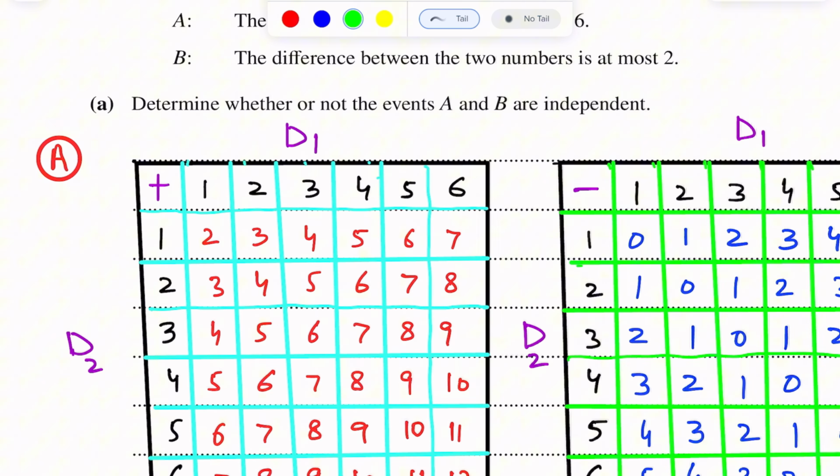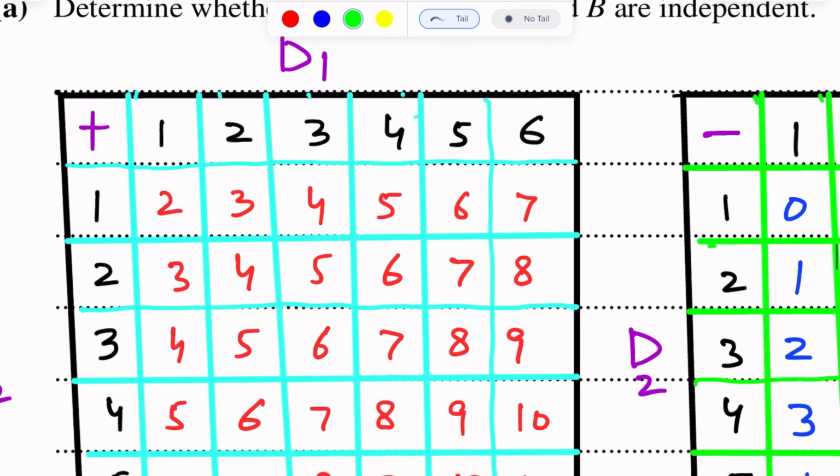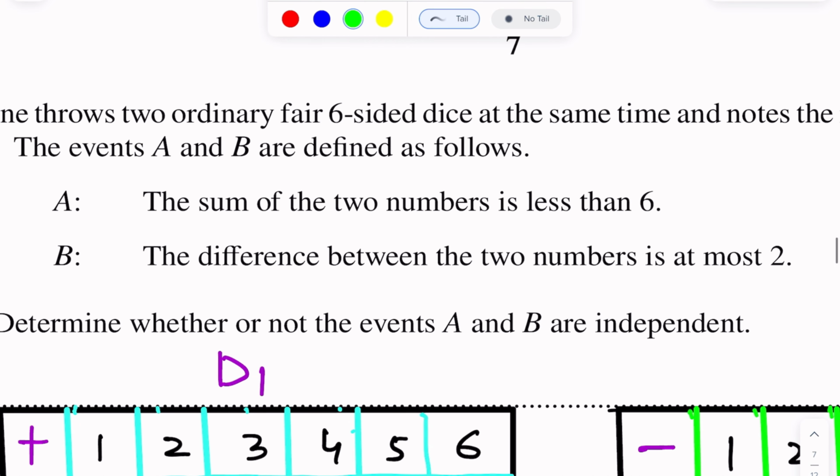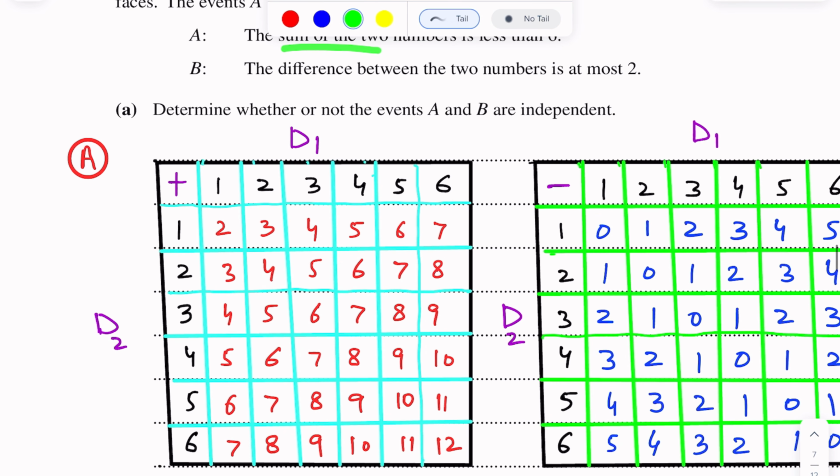Numbers on die 1: 1, 2, 3, 4, 5, 6. Numbers on die 2: 1, 2, 3, 4, 5, 6. Now we will find the outcomes by adding the two numbers. 1 plus 1, 2; 1 plus 2, 3; 1 plus 3, 4; 1 plus 4, 5; 1 plus 5, 6; and 1 plus 6, 7.